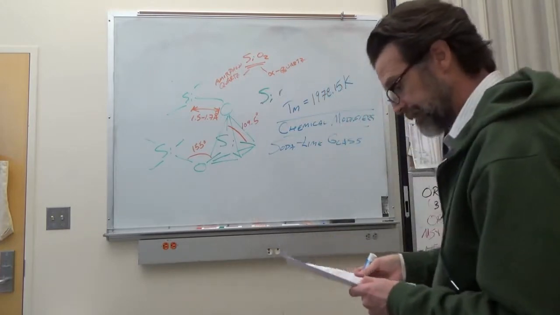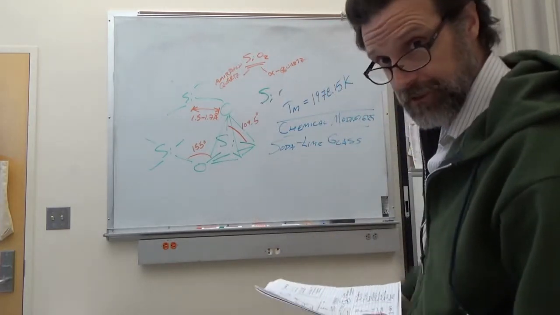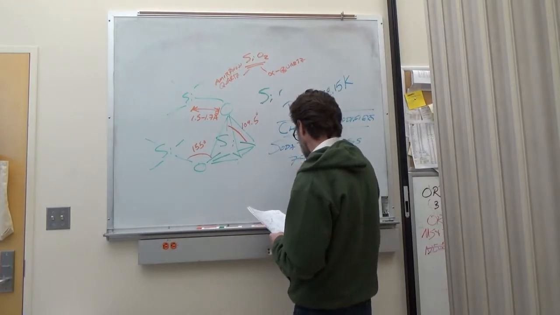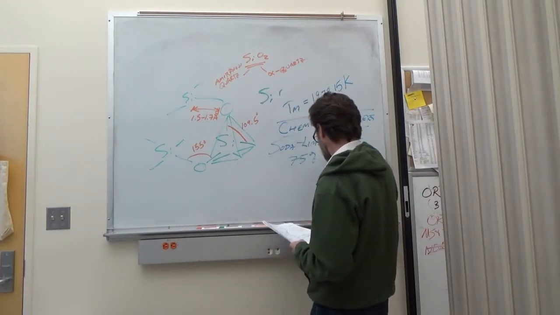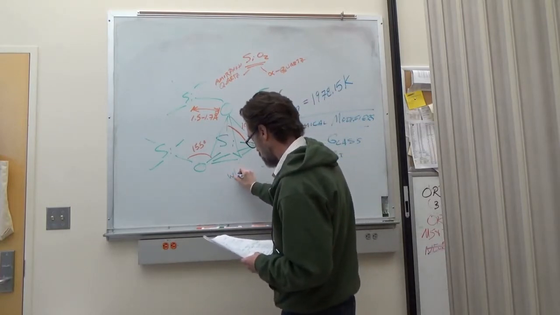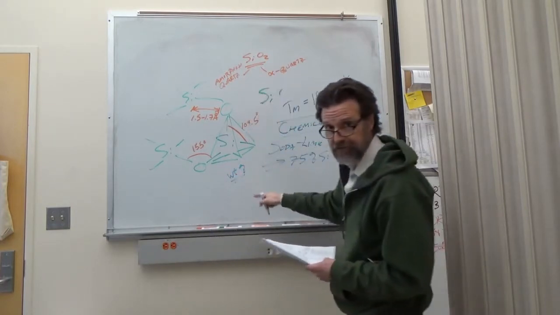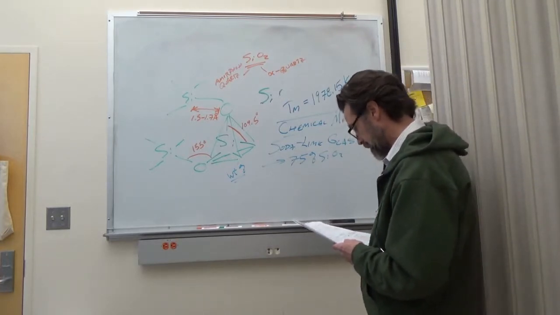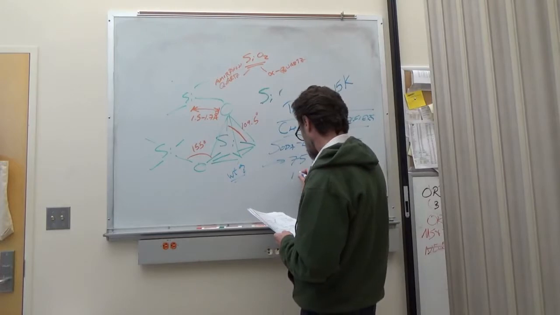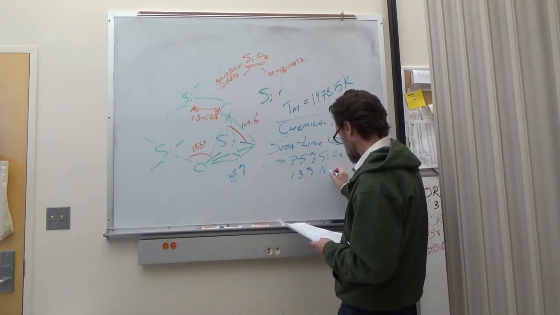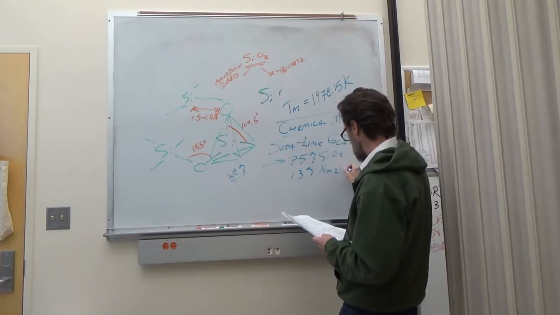And soda lime glass is still largely silica, about 75% SiO2. This is weight percent. Then it also has around 13% Na2O.